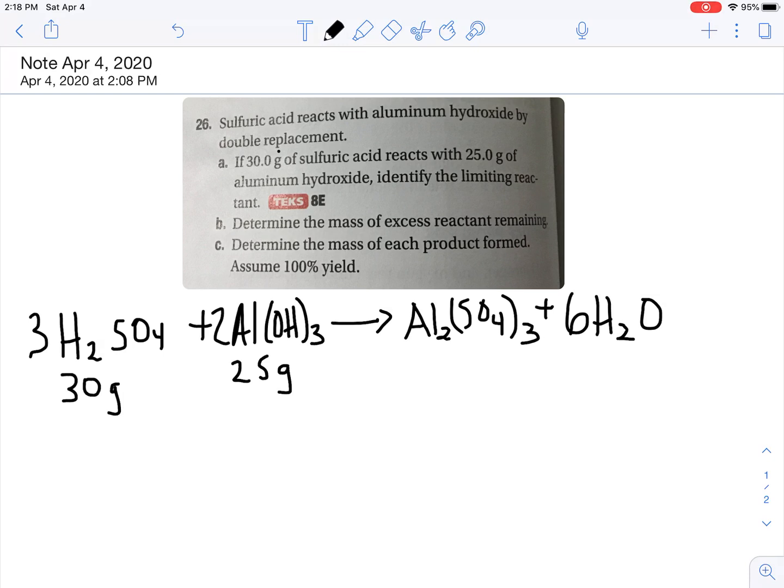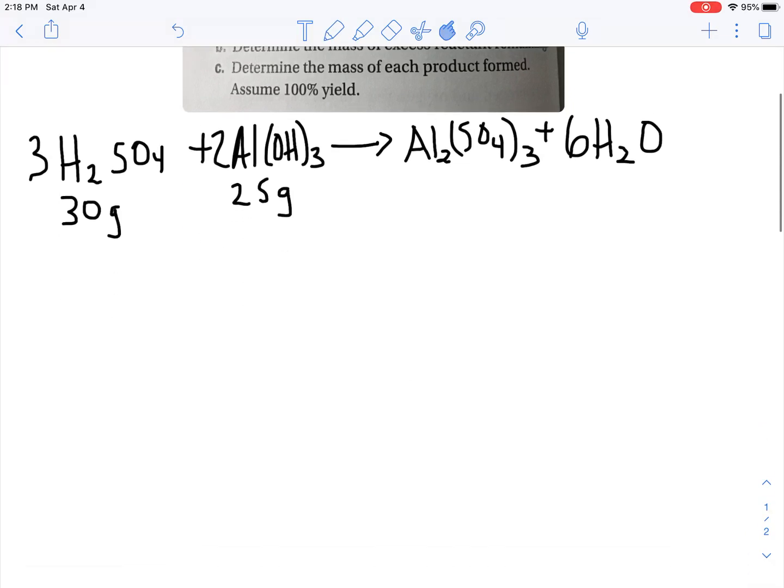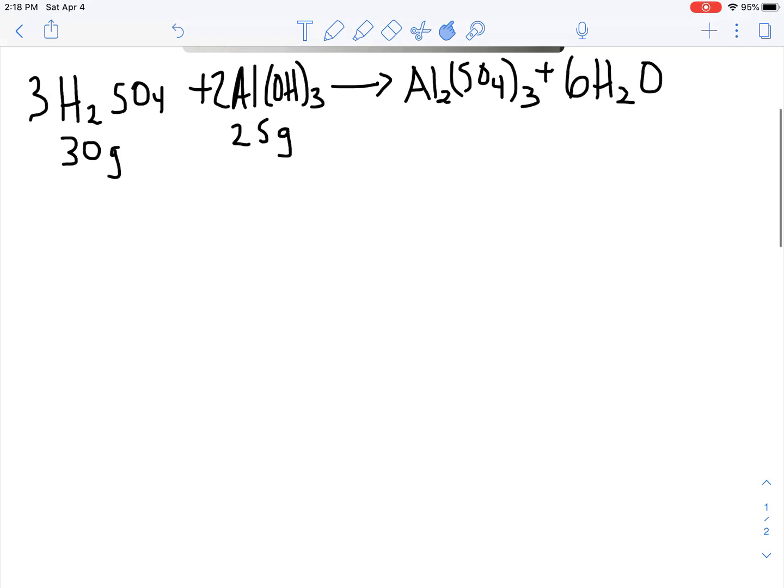So, like I said, when you're doing limiting reactant, you're going to have to do T-charts. It's all T-charts. The first one will use molar mass to change your grams to moles.